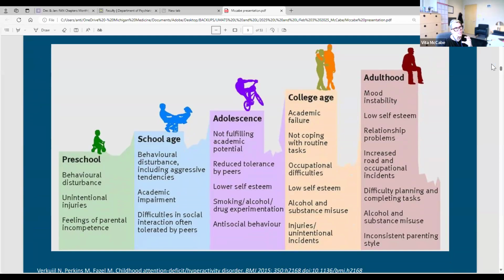In adults, this is where it really manifests: mood instability, low self-esteem, relationship problems, difficulty with planning and completing tasks, right? People start having families and life gets more complicated. Inconsistent parenting styles are often seen. And then, of course, alcohol and substance use disorders. Next slide, please.